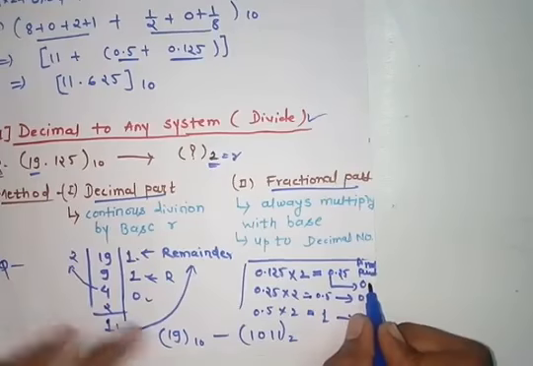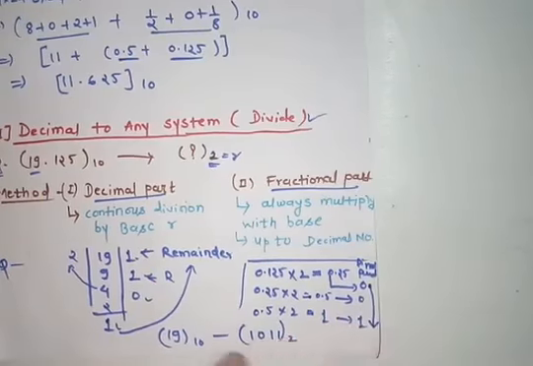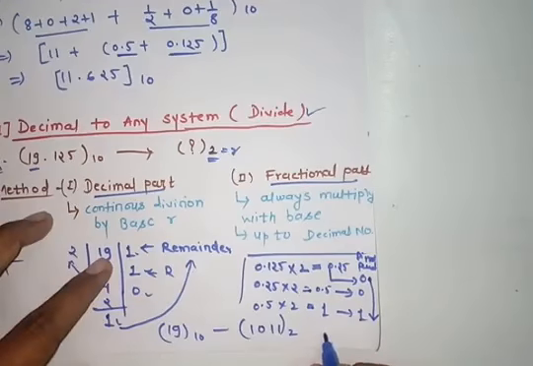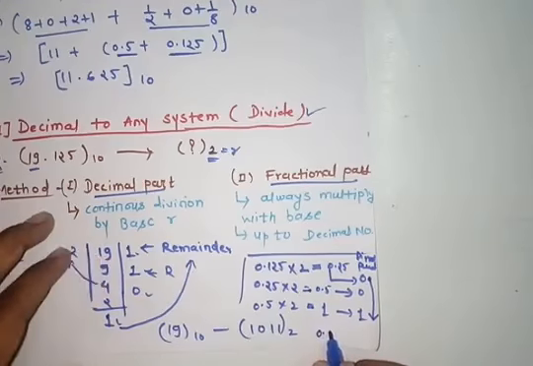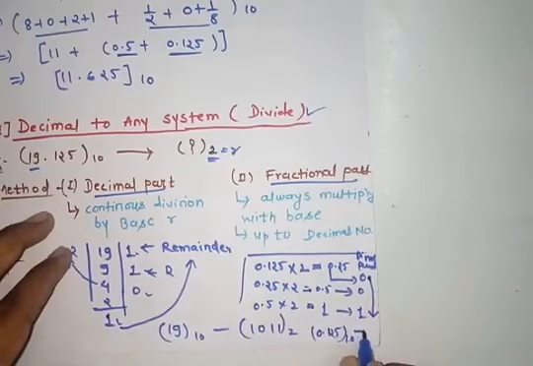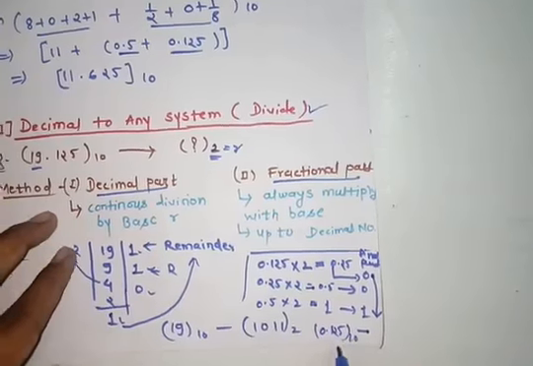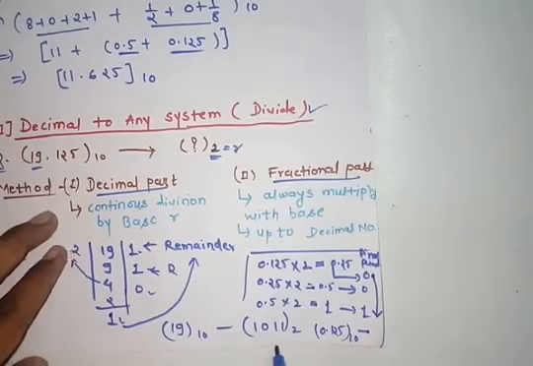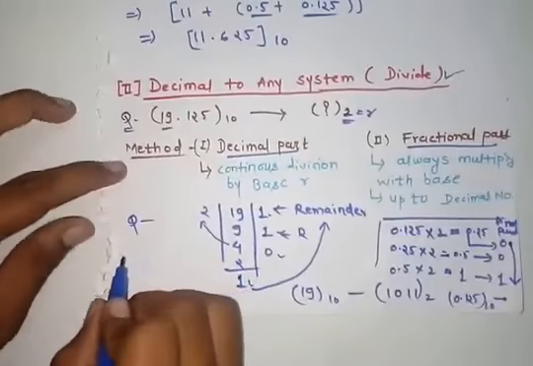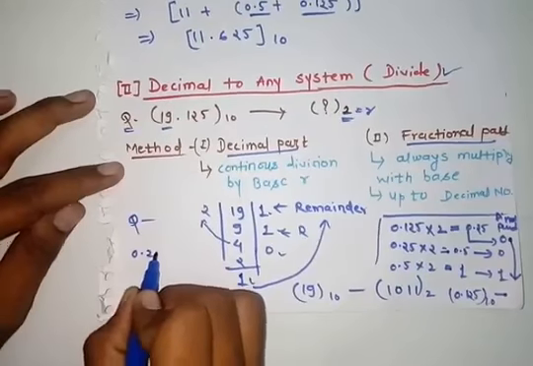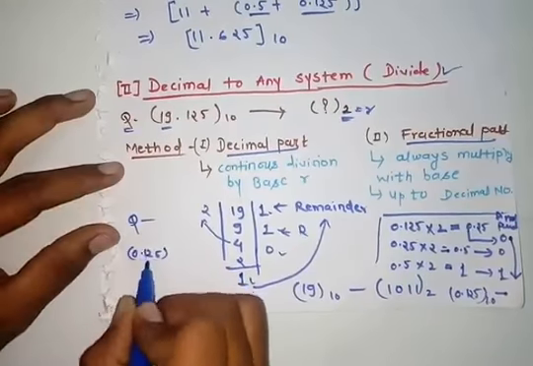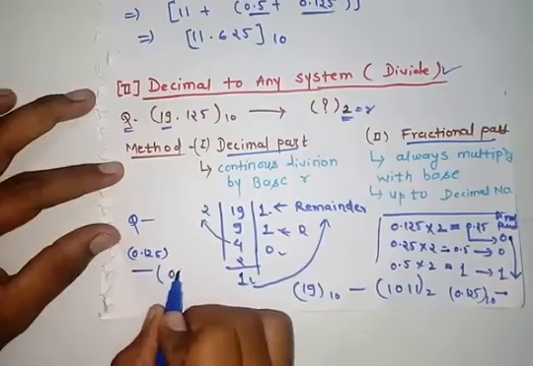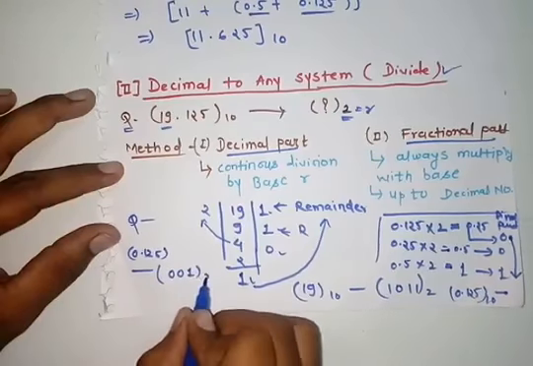I have to write like that. 0.125 to the base 10, I wrote here as 001 to the base 2.